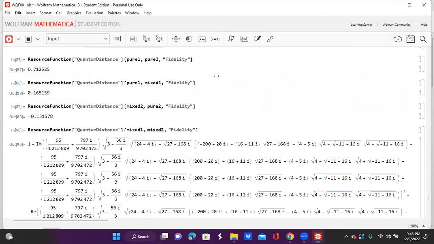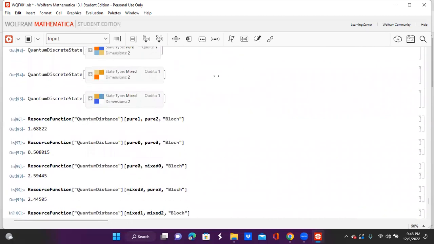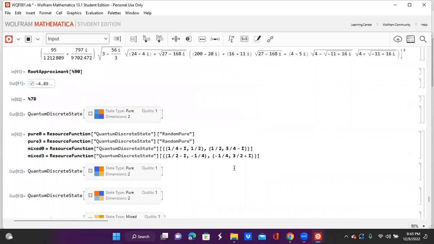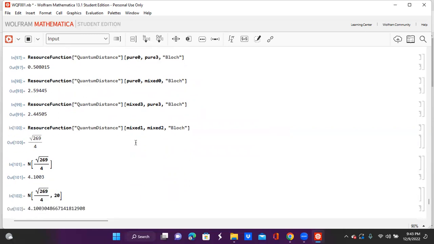Quantum Schmidt decomp. So now I'm asking for the Bloch sphere distance between these two states in the Bloch sphere representation. And it gives you an exact numerical distance. This gave me that, and I said I need a numerical distance, and it was like, okay, here's the numerical distance.